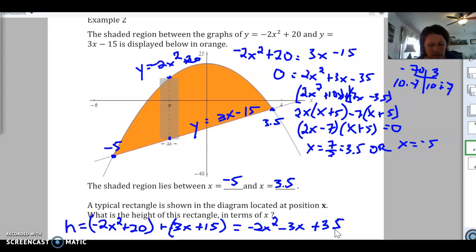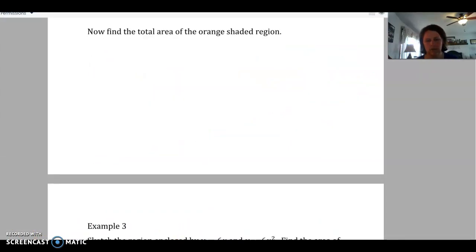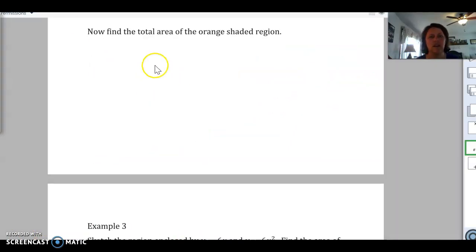And then that is the equation that we need to integrate. I'm going to move my screen up. All right, so now we are down to where we need to find the total area of the orange region.